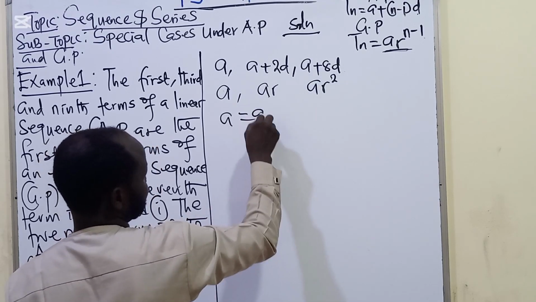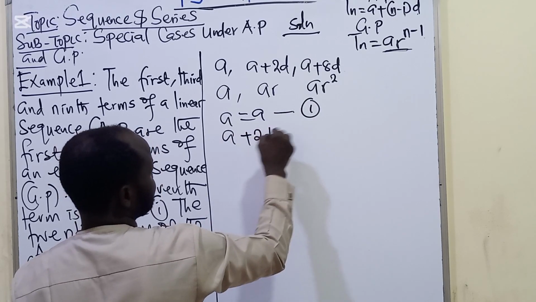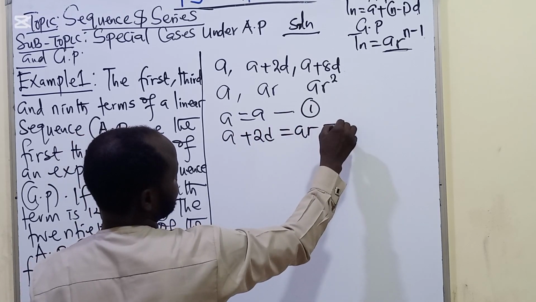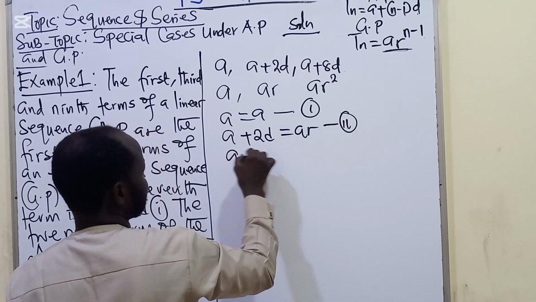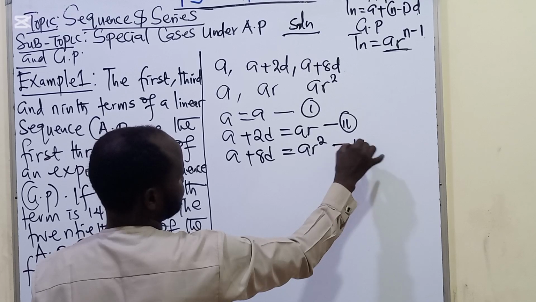A equals A, that's equation 1. A plus 2D equals AR, that's equation 2. A plus 8D equals AR squared, that's equation 3.